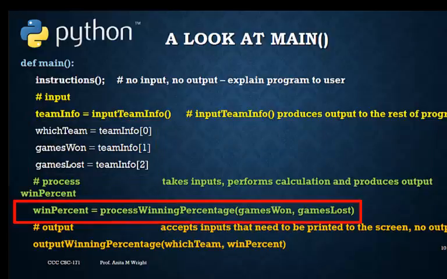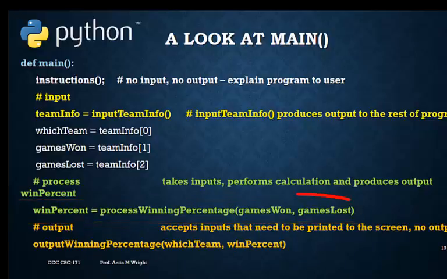Here we see that function process winning percentage has two inputs, the number of games won and the number of games lost. Its job is to use that information and produce the result winning percentage as output. Again, notice that the output from this function is being used to assign a value to variable win percent. Win percent will be passed as input to the output winning percentage function.